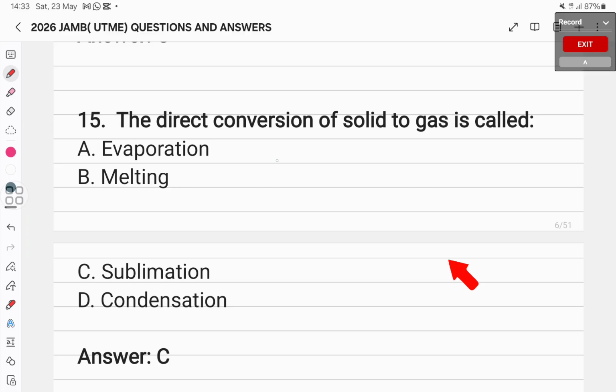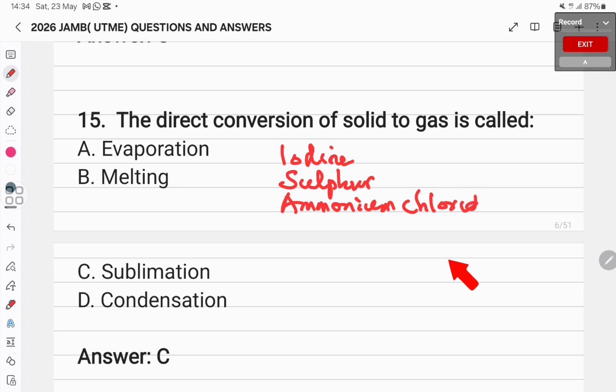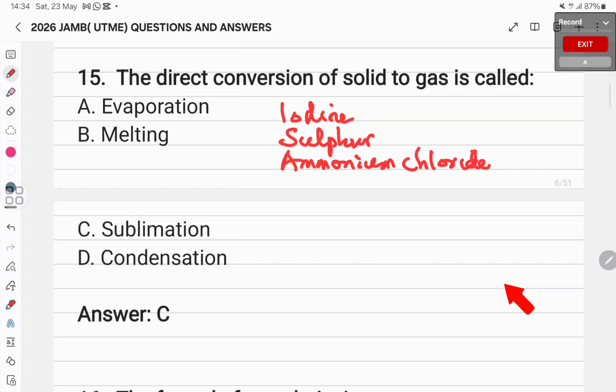We have examples like iodine, sulfur, ammonium chloride, naphthalene.